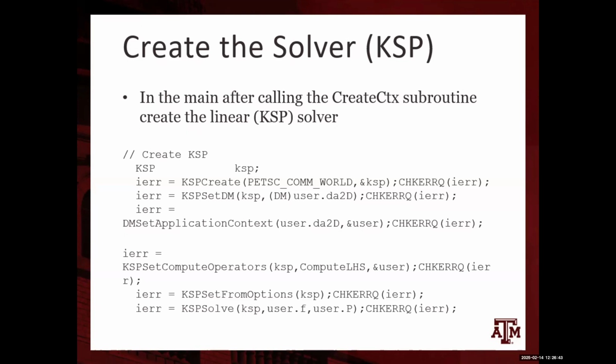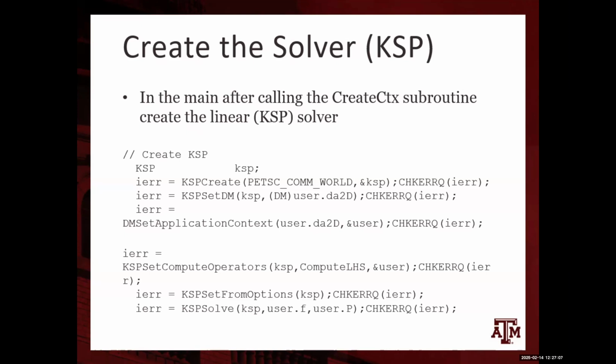Let's go and talk about creating the solver. Okay, so KSP is the linear solver. First we create the solver, it allocates memory and options, and then we are setting the DM for our linear solver as the DA that we had created.